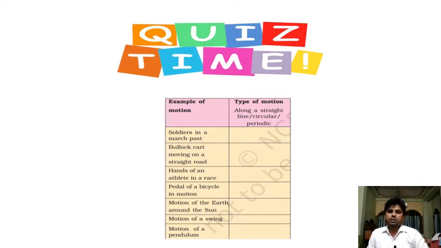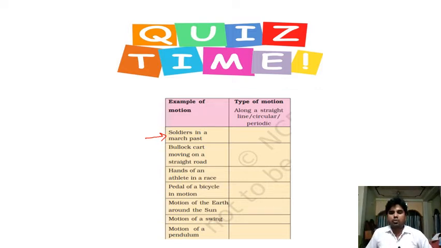Now it is quiz time, and you have to classify the things accordingly as given in the examples of motion. So who will tell me, the soldier in a march past, is it a straight line, circular or periodic? And then a bullock cart moving on a straight road, hands of an athlete in a race, pedal of a bicycle in motion, motion of the earth around the sun, motion of a swing, and motion of a pendulum.